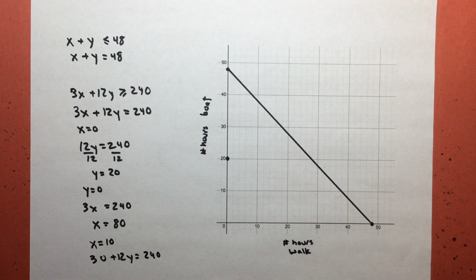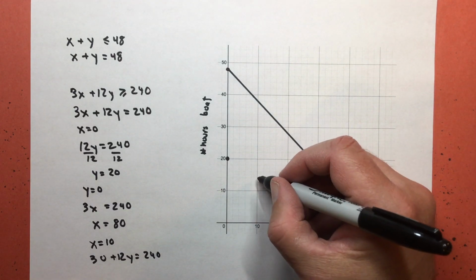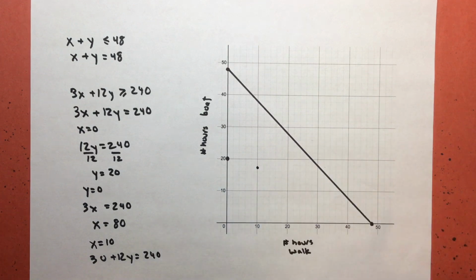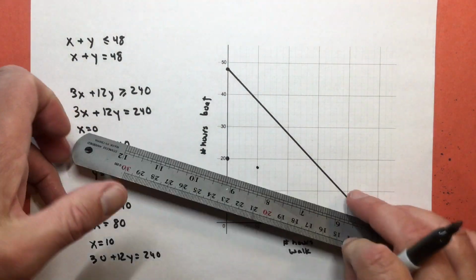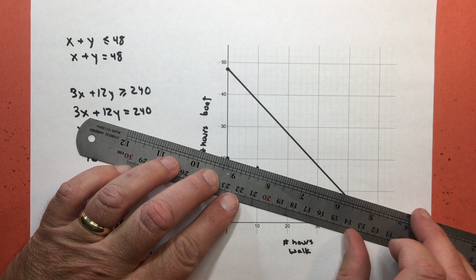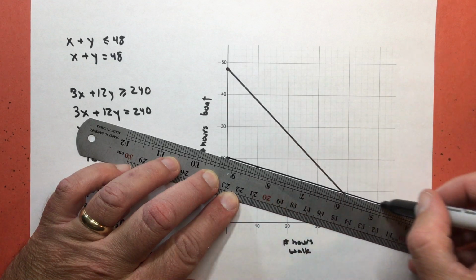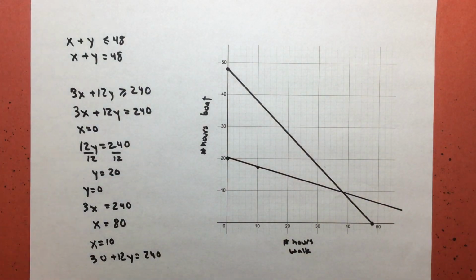I didn't realize that my graph was going to go off. 210 divided by 12, about 17.5. So 17.5 would be about, here's 16, about right there. So I just need another point so I know which direction it's going to go. And that's going to look like this. And of course, somewhere out here it's going to be heading toward 80.